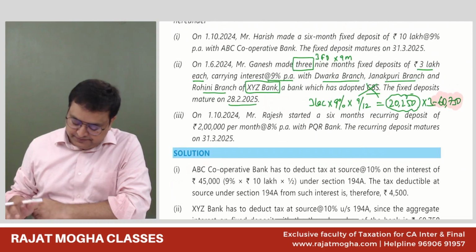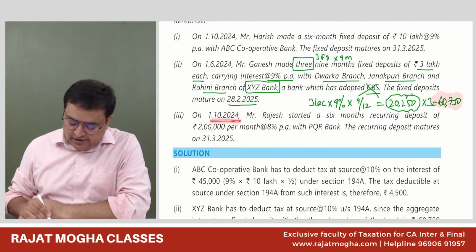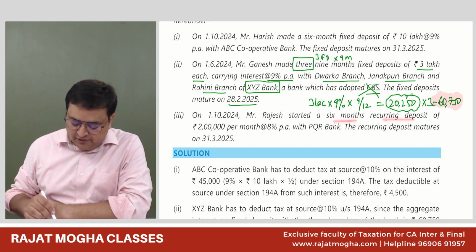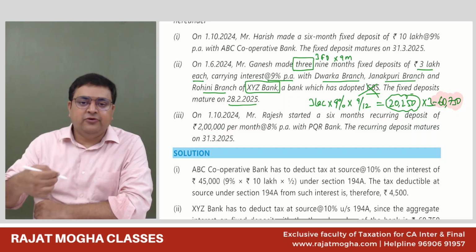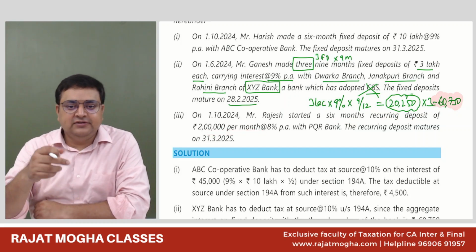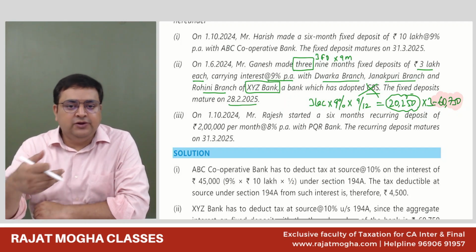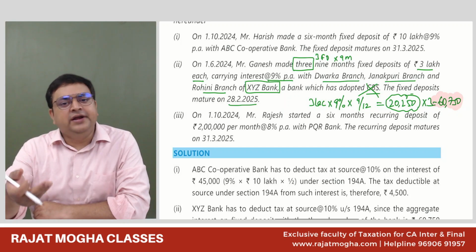Third one, on 1st October 2024, Rajesh started a 6 months recurring deposit of 2 lakh per month. What is a recurring deposit? RD. A recurring deposit is when you deposit at a regular interval of time and keep on depositing. Generally, it is per month.